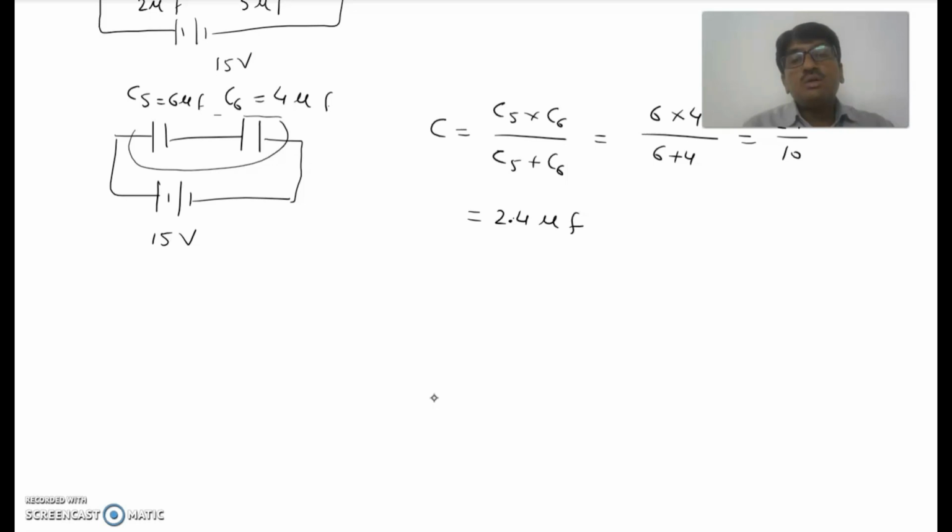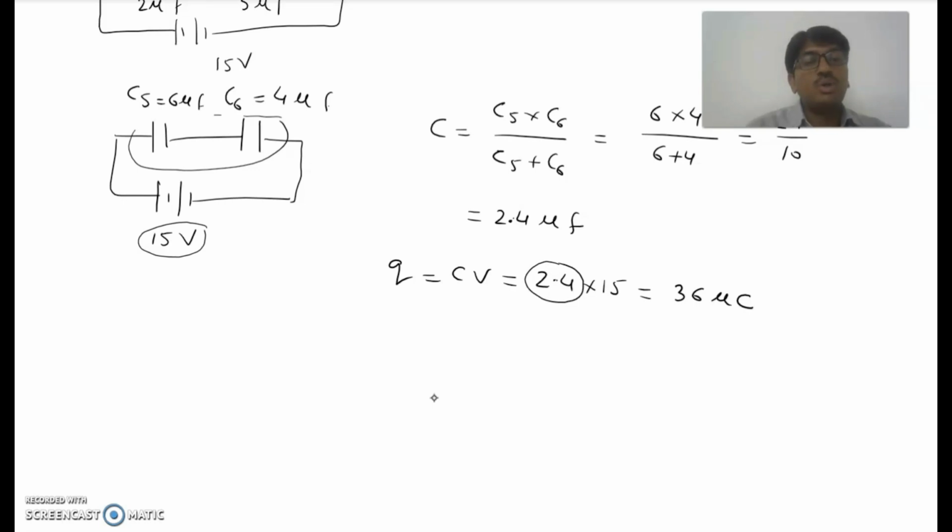We know the total potential connected with the circuit is 15 volt, and Q is equal to C into V. Total capacity is 2.4 and potential difference is 15 volt, so it becomes 36 microcoulomb.